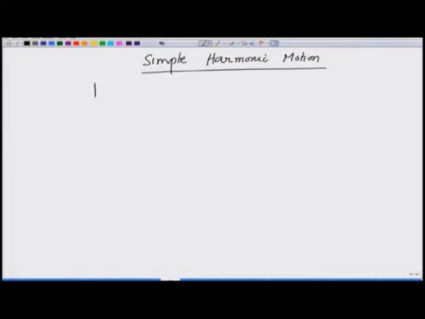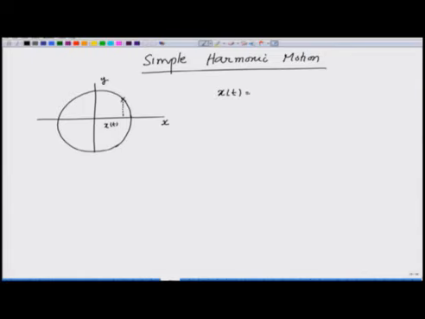What I had said is that if I take a particle moving around in a circle and take its x component x(t), the motion is uniform, then x(t) is given as r cosine of omega t, which in general I am going to now write as x(t) equals some constant a cosine of omega t.